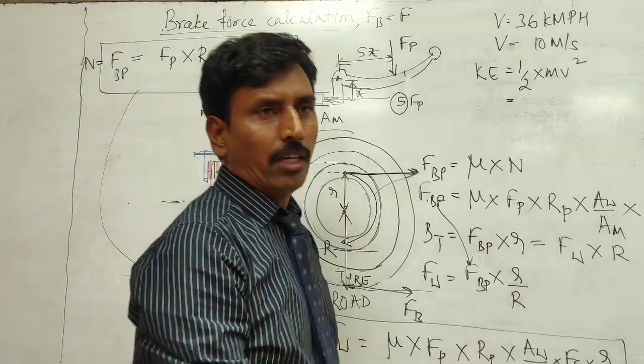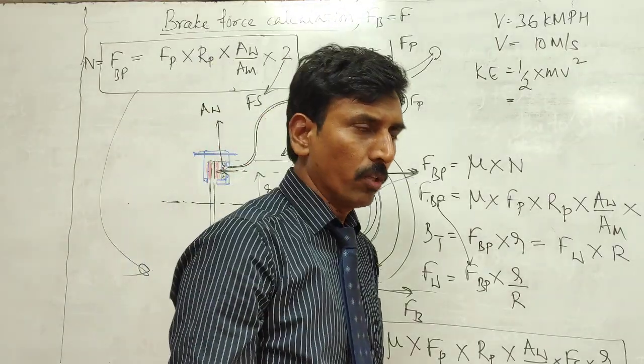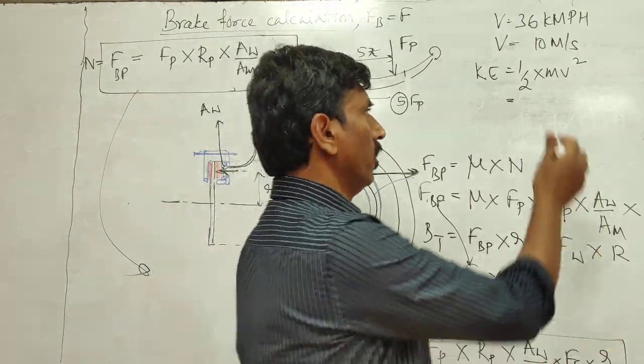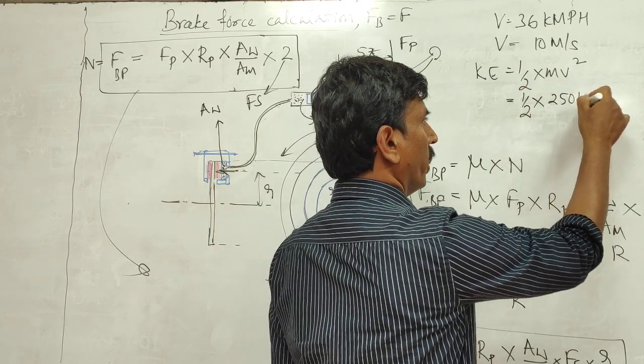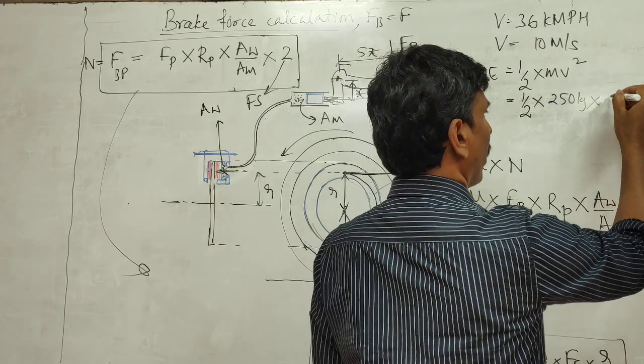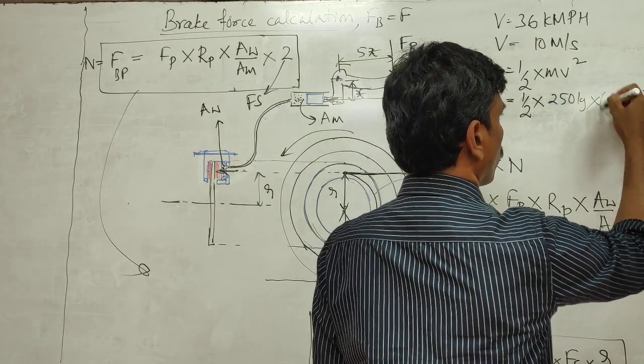Suppose it is a bike which weighs around 250 kgs along with the rider, then the equation becomes half into the mass of the vehicle, 250 kgs, into the velocity square, that is 10 meters per second whole square.